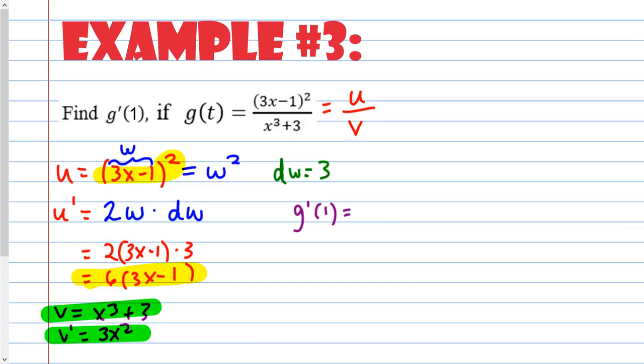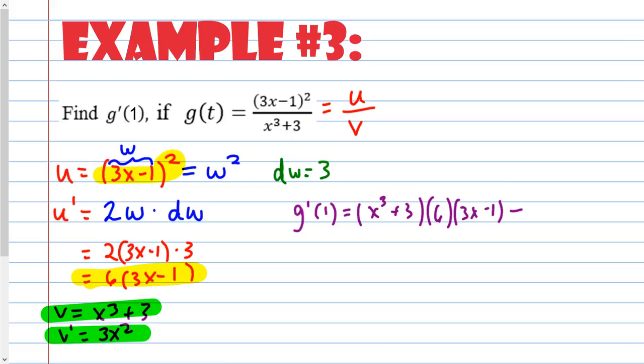Okay, so G prime of 1, so it's V. So V is x cubed plus 3 times U prime, which is 6. Oh, well, I'll just write it in another parenthesis. 6 times 3x minus 1 minus, okay, so far I have V times U prime.